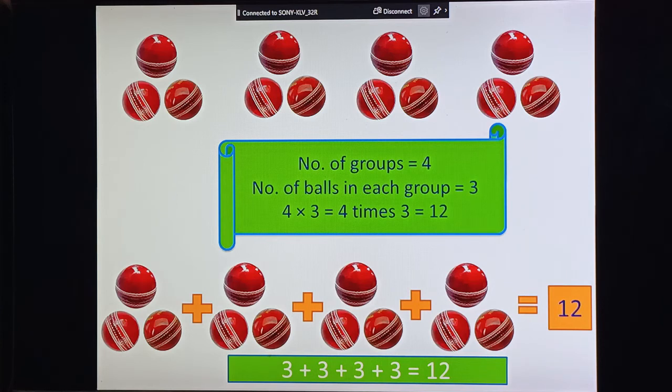You can see here number of groups 1, 2, 3, 4. So we can see here 4 groups of 3 balls. Number of balls in each group is 3. So now how will I speak this in terms of the word times? 4 times 3 gives me 12 balls.